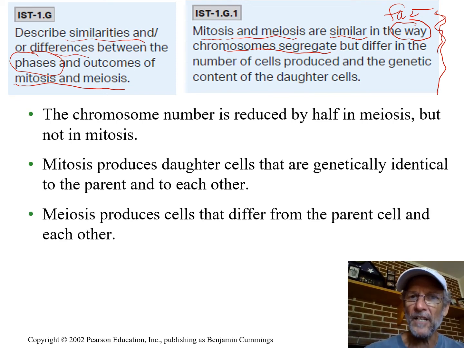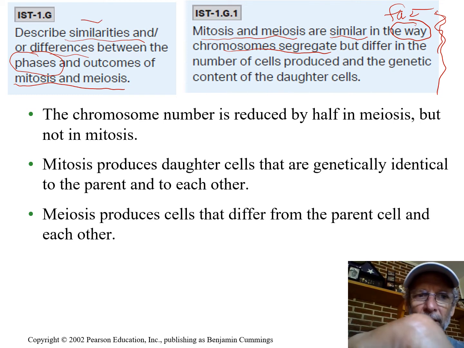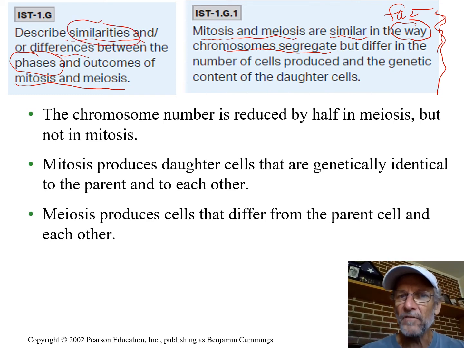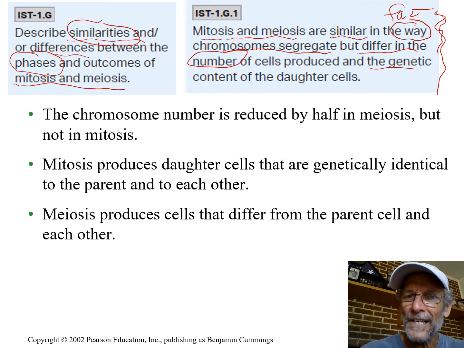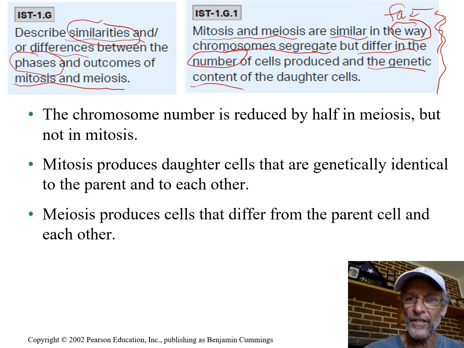But they're emphasizing that in both, a similarity in both, there is some kind of separation of chromosomes, but how they differ is in the number of cells produced and the genetic content. The genetic content in two different ways: in meiosis, the resulting cells have half the number, but also the content is different in every other cell, which we emphasize right here.